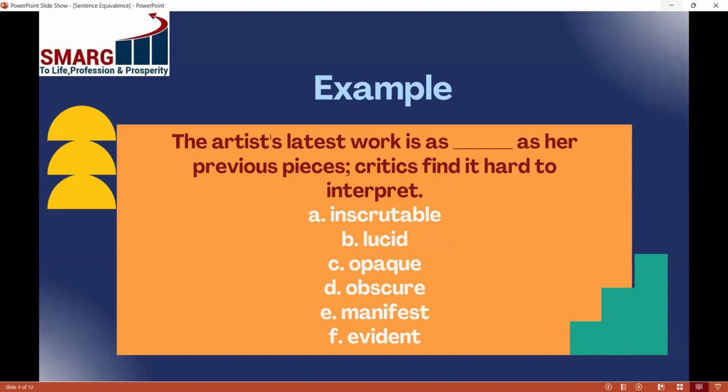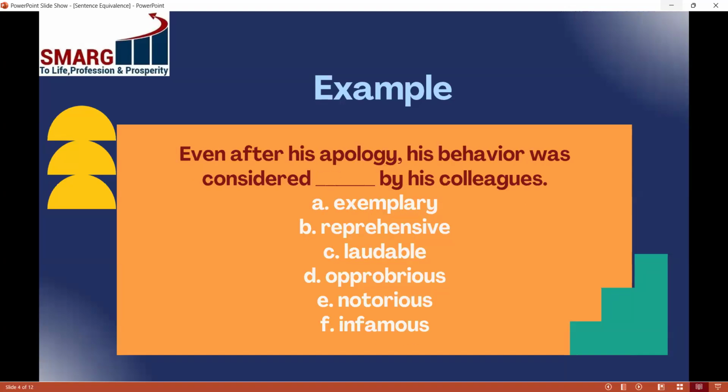Okay. Another one. Sorry, ma'am. So opprobrious, does that also mean something related to criticism? Yes, but how? I was just confirming the meaning of it.